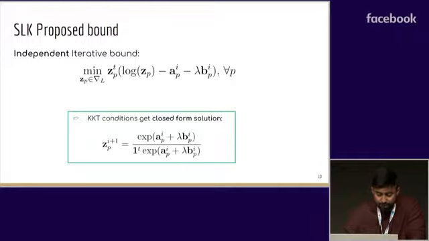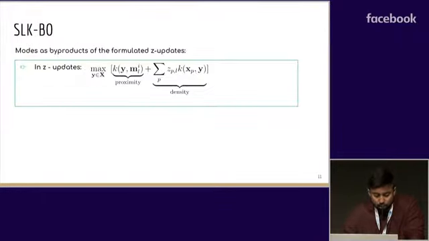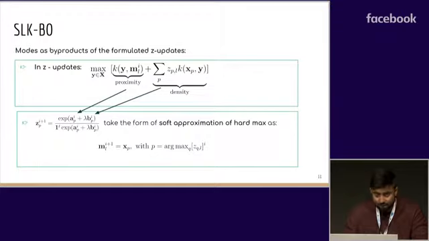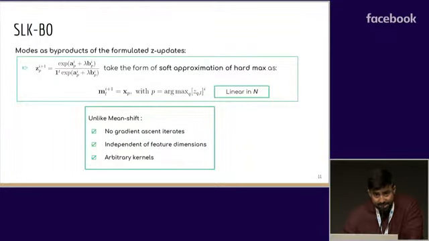And this is convex and affine, so we get a closed form solution for the Z updates. We also show that we can get the modes from this proximal optimization, and interestingly, this is already inside our Z updates, but with a soft approximation of the hard-max operator. This is linear in n, and unlike mean shift, for mode estimation, we do not require gradient descent. It is independent of feature dimensions, and it can be used with arbitrary kernels.